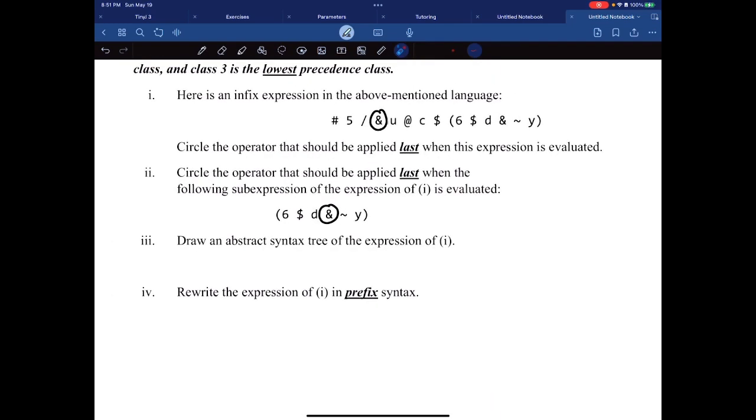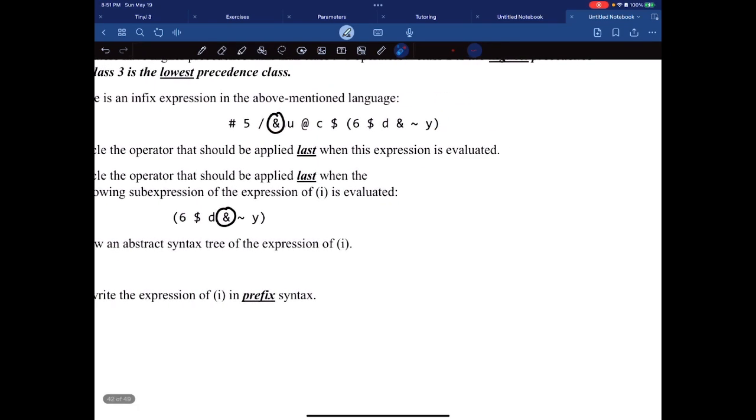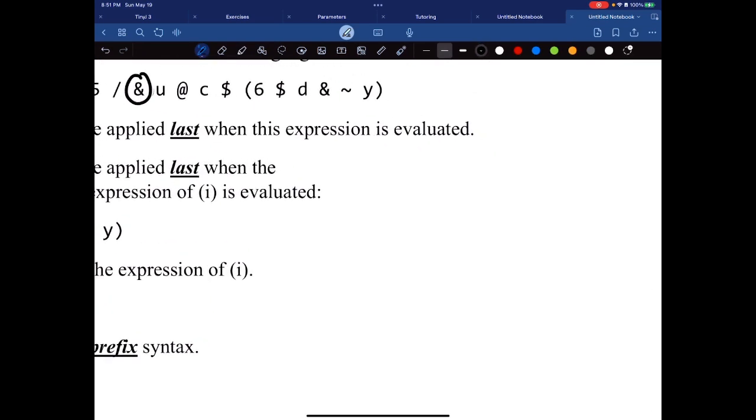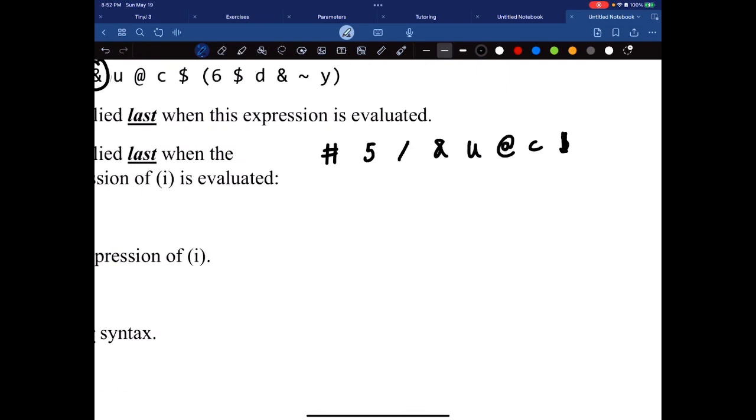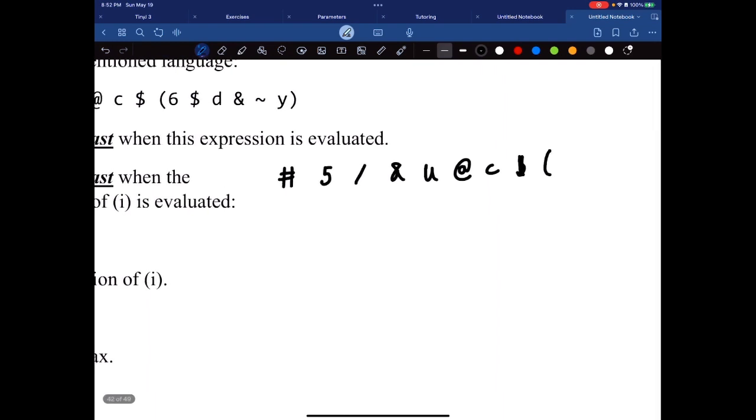Then it says draw an abstract syntax tree of the expression of I. So we want to draw an abstract syntax tree of this one. The best thing to do is I would rewrite it. So hashtag 5 ampersand u at c dollar sign parentheses 6 dollar sign d ampersand tilde y.